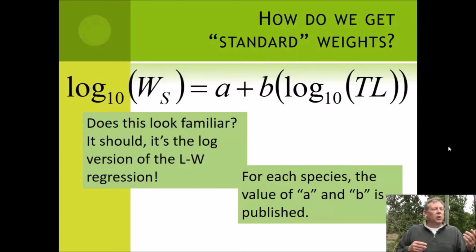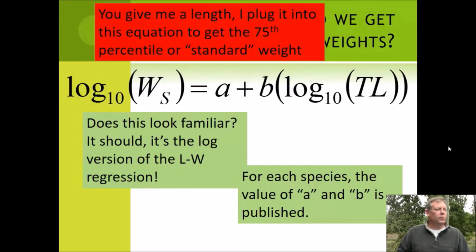And so here you've got the base 10 log of the standard weight equals A plus B times the base 10 log of the total length. And so what's published are these values of A and B. They're unique for each species, and this allows you to take the length of your species, plug it into this, and it'll give you the standard weight. And that standard weight, again, is the 75th percentile based upon a wide range of observations.